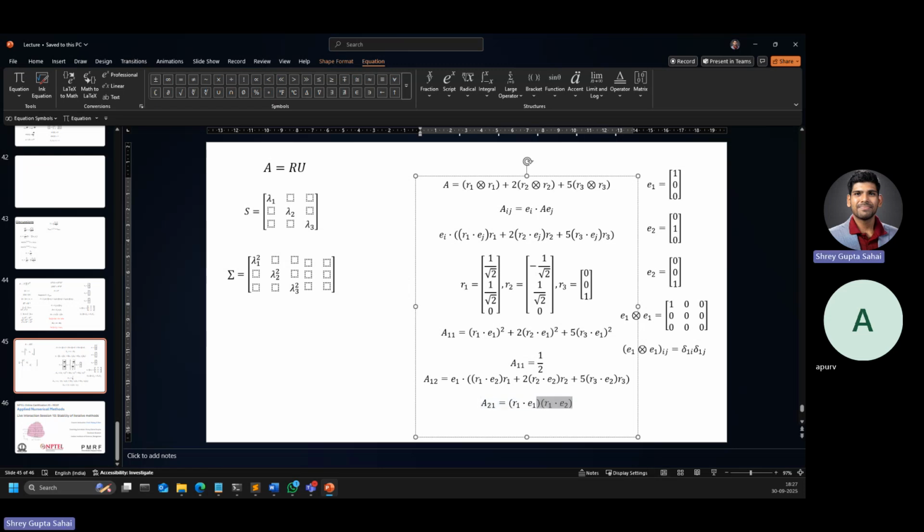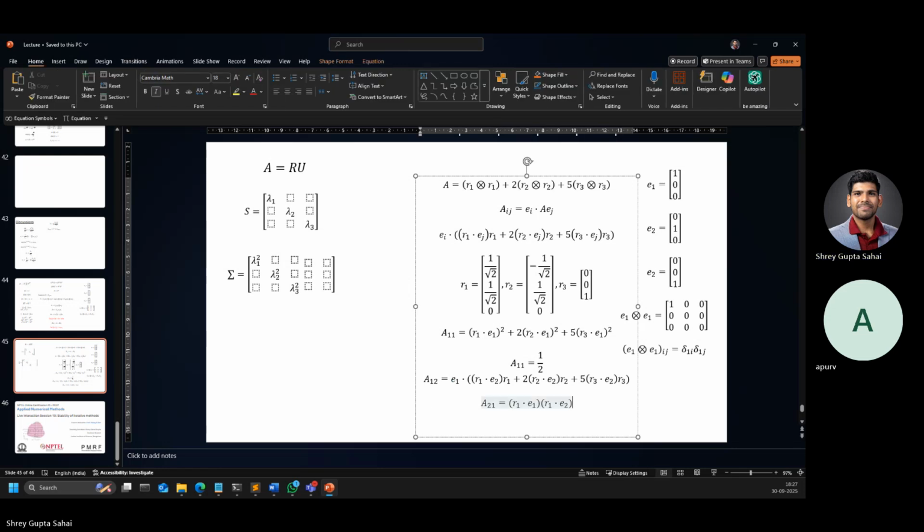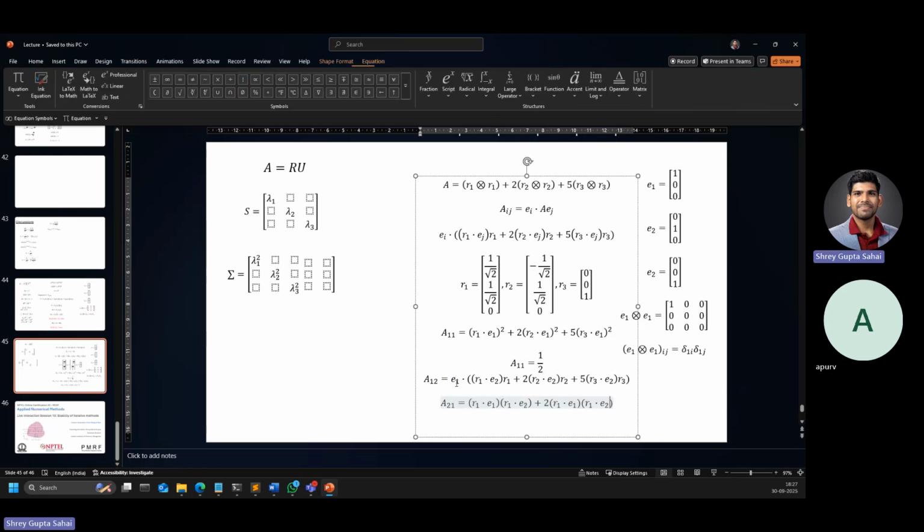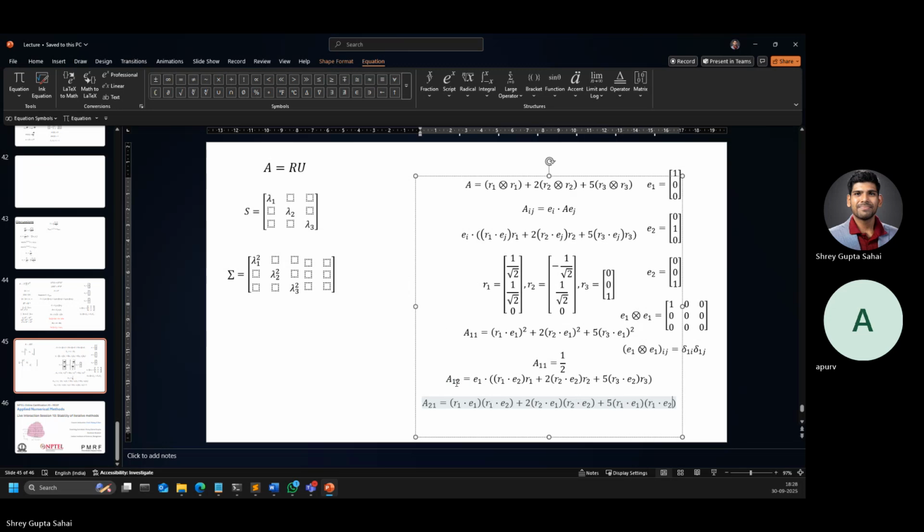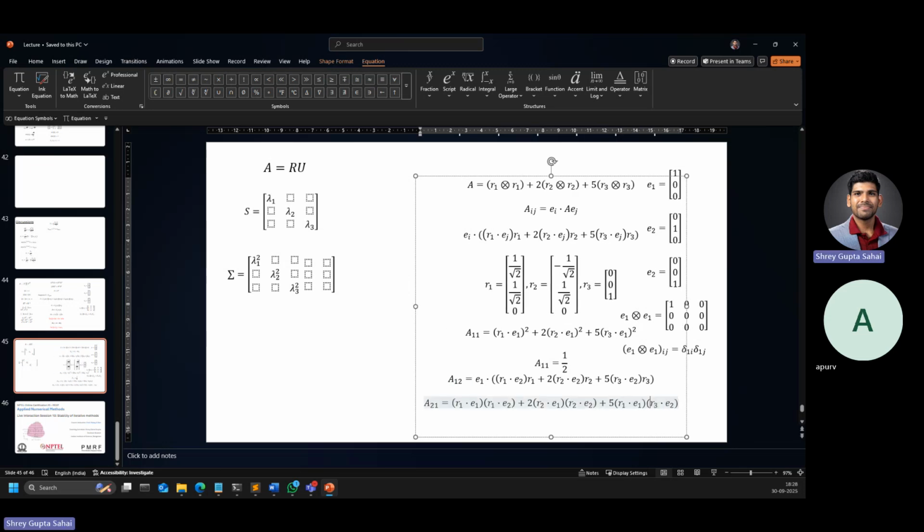Plus 2 times R2 E2 and R2 E1. So R2 E2 and R2 E1 plus 5 times R3 E2 and R3 E1.